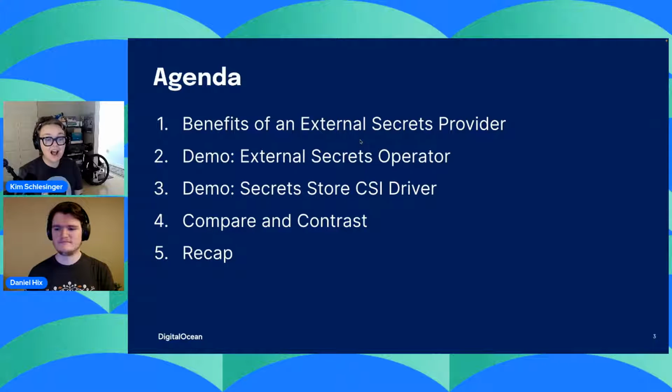And then once he's done, I'll do a demo of a slightly different project called the Secret Store CSI Driver. Then we'll have a conversation with each other and hopefully with you, comparing and contrasting the 2 projects. One reason we wanted to do this talk is that people often ask the question in the Kubernetes Slack, which one's better, the External Secrets Operator or the Secret Store CSI Driver? And then we'll do a recap.